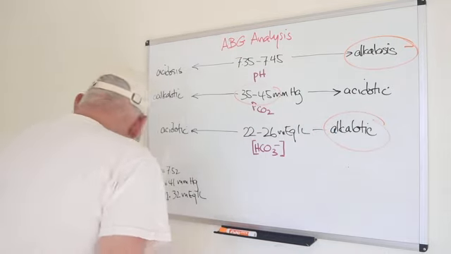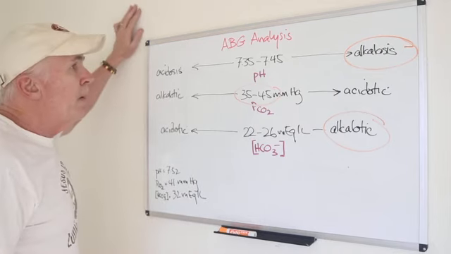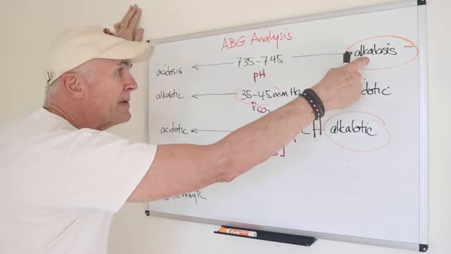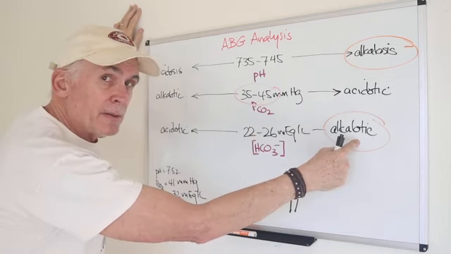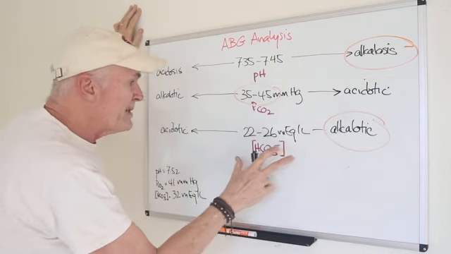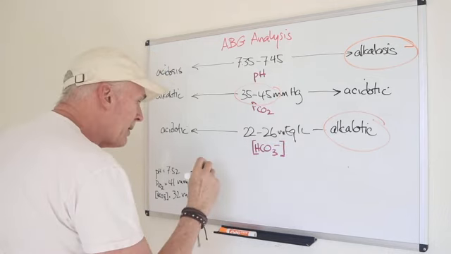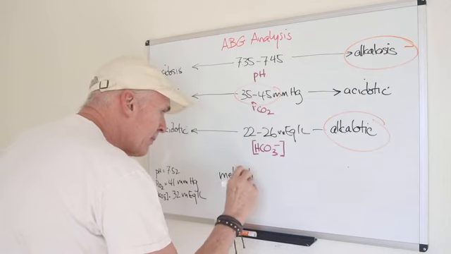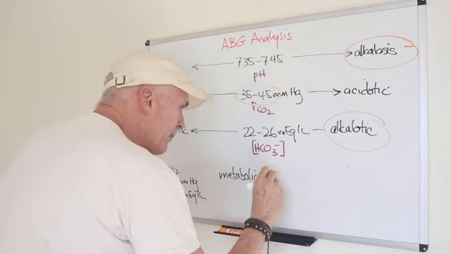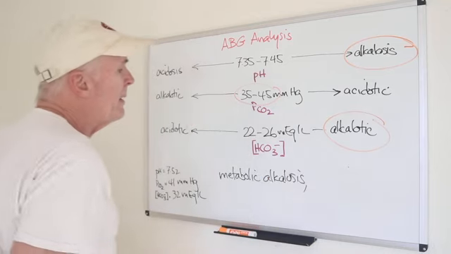So let's look one more time. Then what does this tell us? Well, this person's in a state of alkalosis. Which one of these two matches that? Well, this one does, doesn't it? Therefore, remember this is the metabolic component. This person is in a state of metabolic alkalosis. All right?